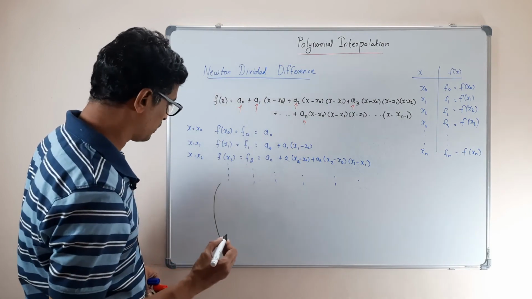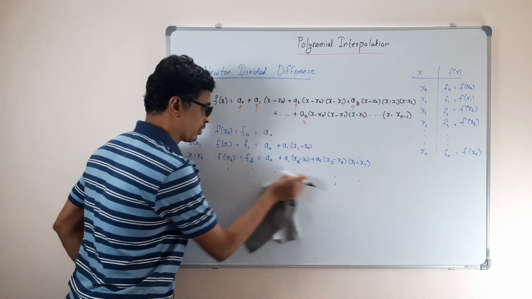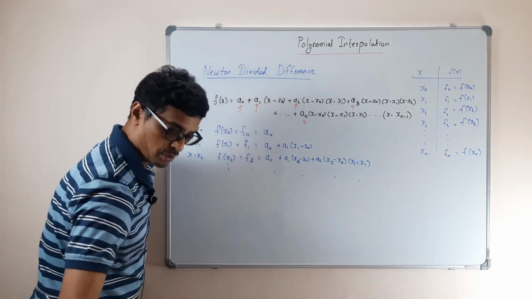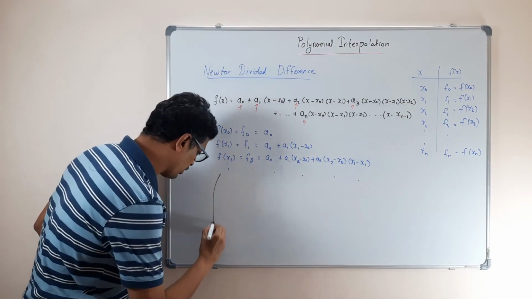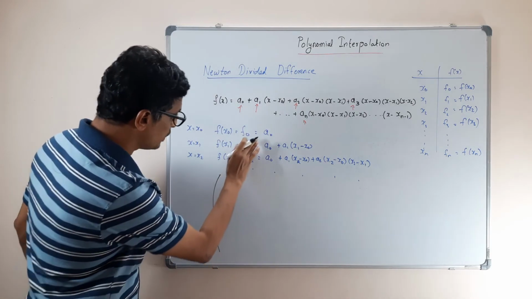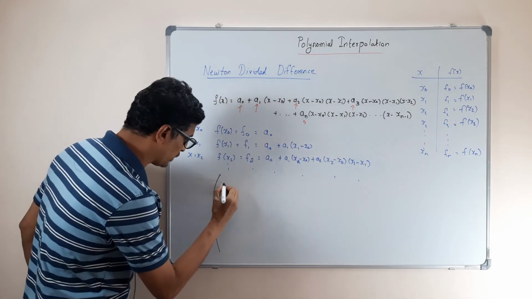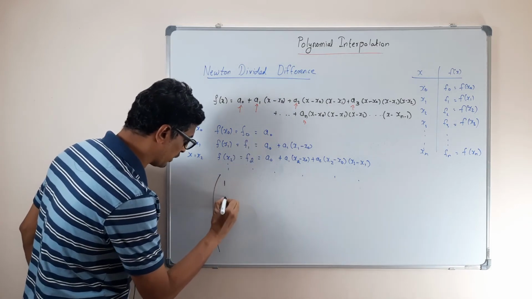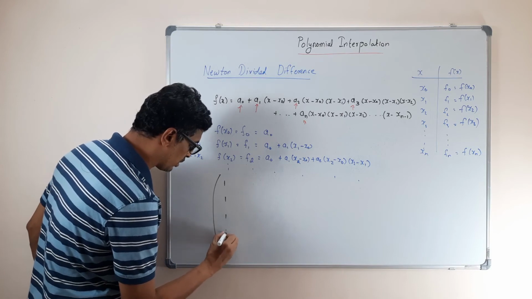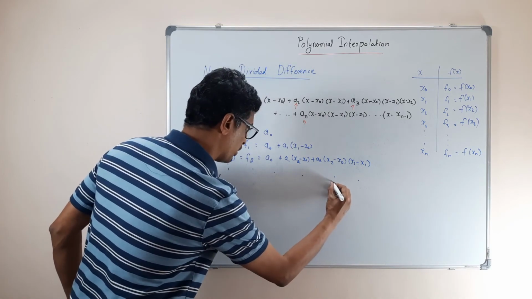I may need some space, so let me write it big. So the first term is a0, a0, a0, they all are a0. So the first column should always be 1. Let me complete this matrix here.